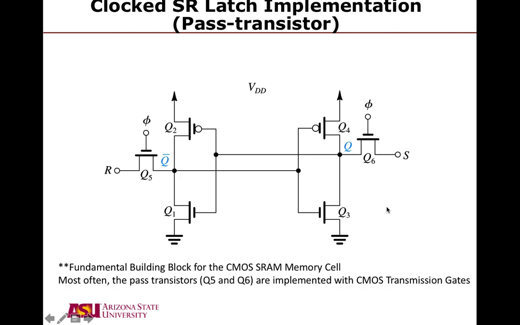And this right here is the fundamental building block for the CMOS SRAM memory cell. Sometimes Q5 and Q6 can be pass transistor logic, but it really depends on the system. And what you'll find nowadays is actually this isn't done with NMOS only because of the physical size constraint. So these tend to be NMOS only.